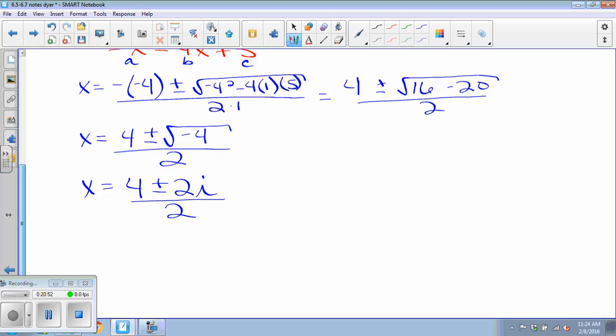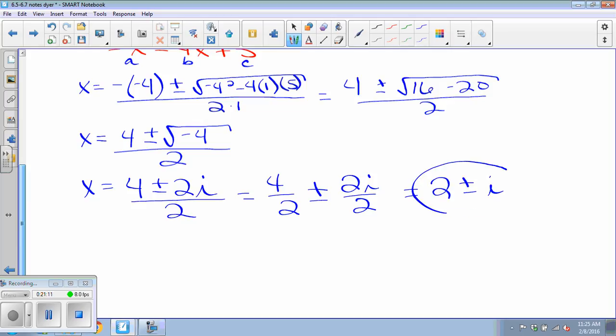That can be simplified. Put each term over 2. So that equals 4 over 2 plus or minus 2i over 2. 4 divided by 2 is just 2. 2 divided by 2 is just 1, so it's 2 plus or minus i.